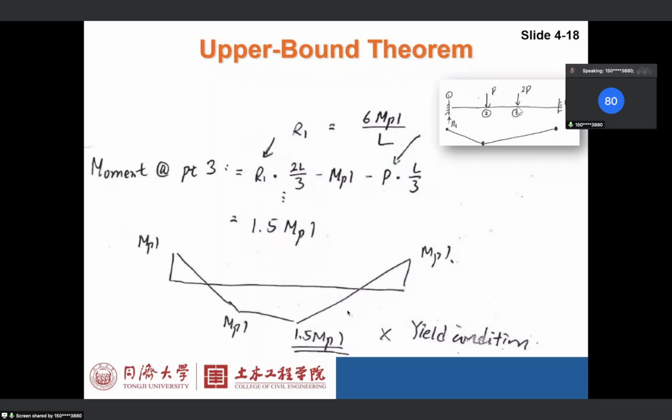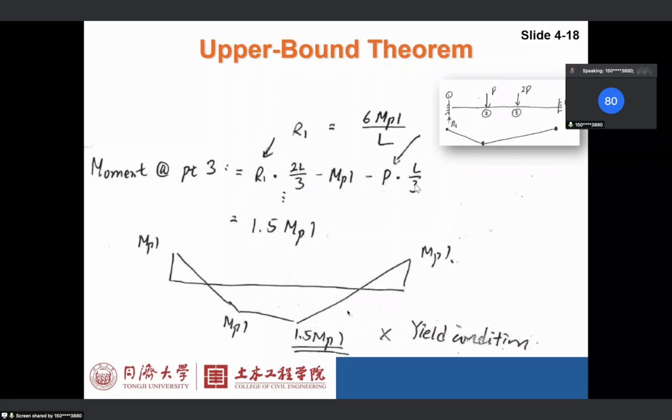So if we want to calculate the moment at point 3, again we can use equilibrium. Basically, the moment here is R1 times this lever arm, which is clockwise, minus MPL, this bending moment here, and minus P, which also has a moment here.